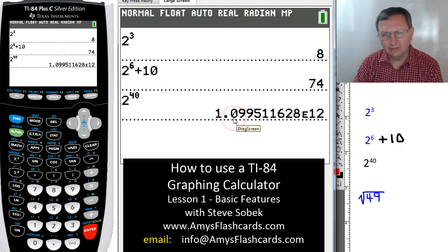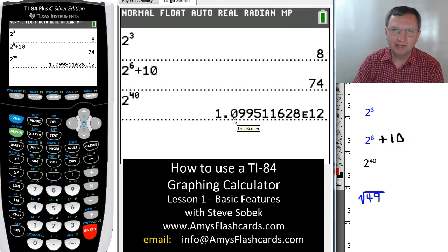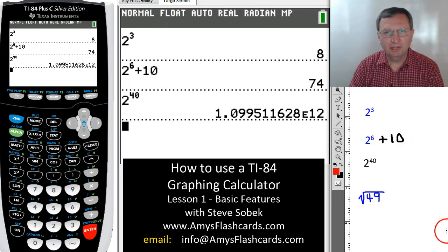This is very confusing, and it may be to you, except after you listen to this video, you'll understand what's going on. What's happening here is the TI-84, for very large numbers, will express them in scientific notation. What's happening here is the calculator is expressing the answer. It does this for very large numbers. It expresses those answers in scientific notation, or its own form of scientific notation.